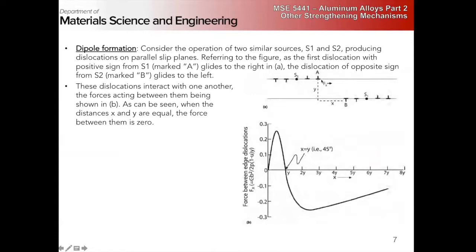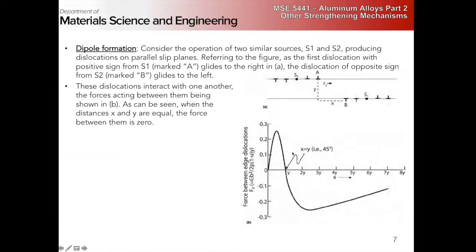And those happen to be when they make a 45 degree angle, so when their coordinates make a nice right triangle here. You can look at this as the force between the dislocations by doing the Peach-Koehler calculation from the stress fields of the two edge dislocations.